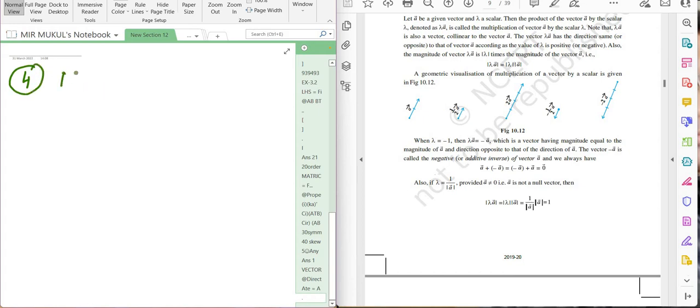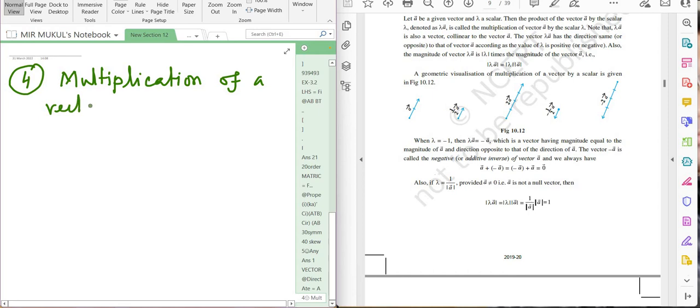Let's take multiplication of a vector with a scalar.